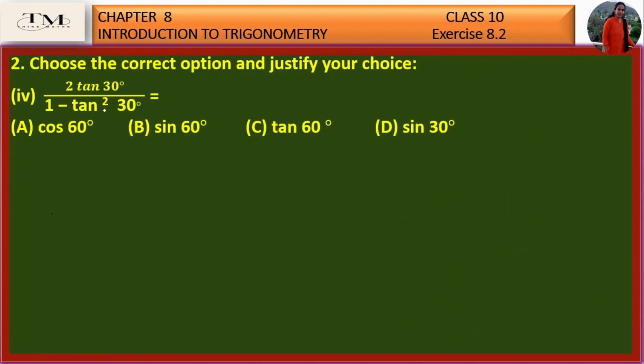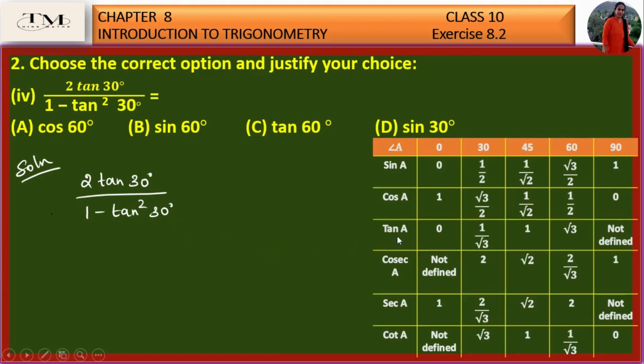2 tan 30 divided by 1 minus tan square 30. We have to find out this value. So let us find the value of tan 30 degree. Tan 30 degree is 1 by root 3.